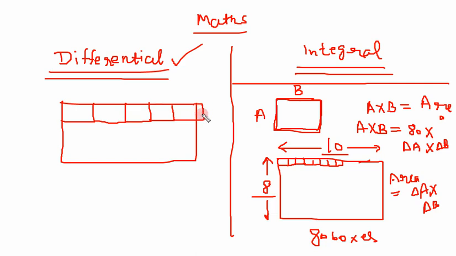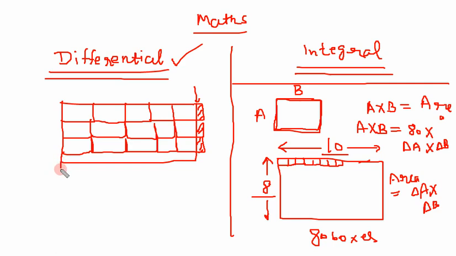Now you can see some of it is outside, so this will give us error. Similarly here as well, I am making it rough, but again error on this side. This is also error, and similarly on this side, this is error.